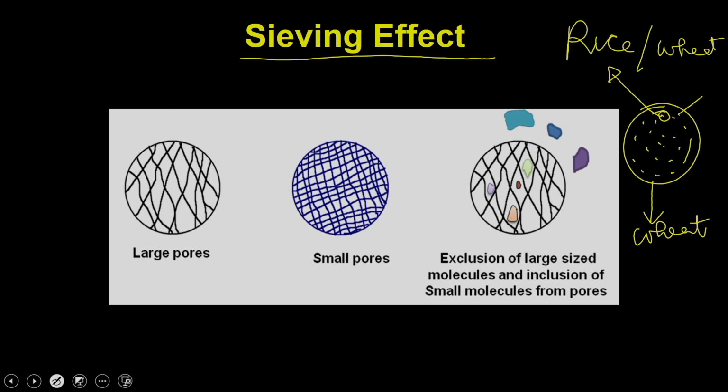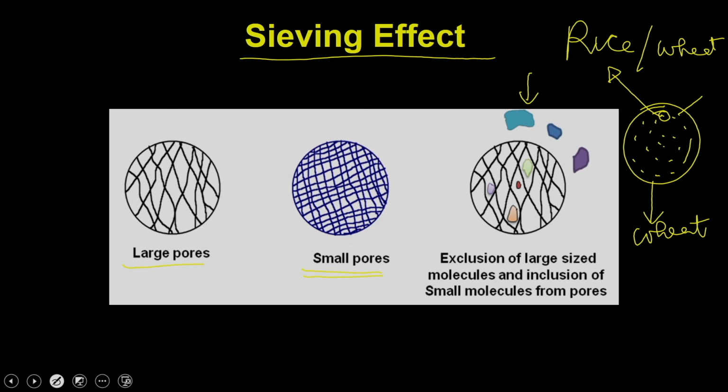You have sieves with large pores or small pores. When you pass the molecules through, the large molecules are not going to enter the small pores. So, compared to the sieving effect, you have a reverse sieving effect, because in the sieve the small molecules pass through the pores whereas the large ones are retained on the sieve.